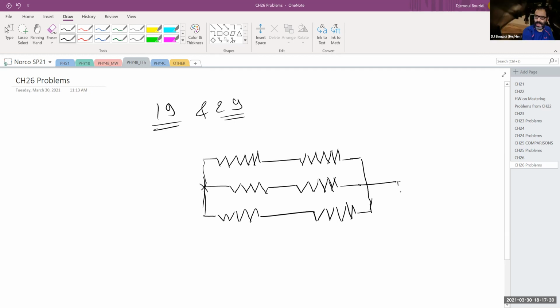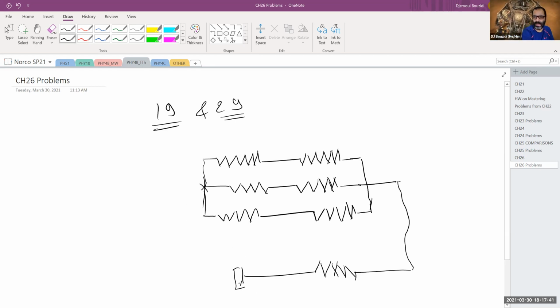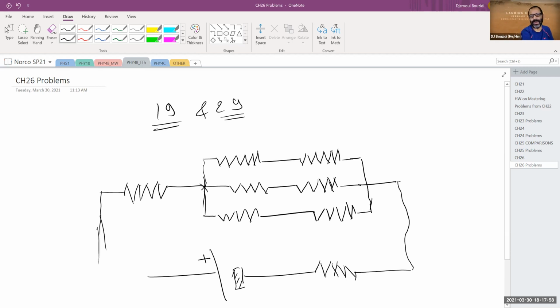Then this is in series with another resistor sitting here, and there's a battery here. This is the positive side of the battery. And finally, we have another resistor here. We really should have a switch in here. I don't like it when they don't put the switch in there, because we want to find the time, so we need to know when we start the clock to test this.